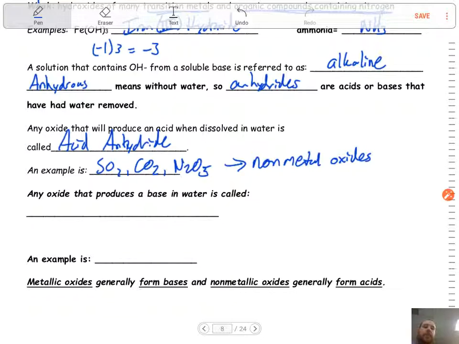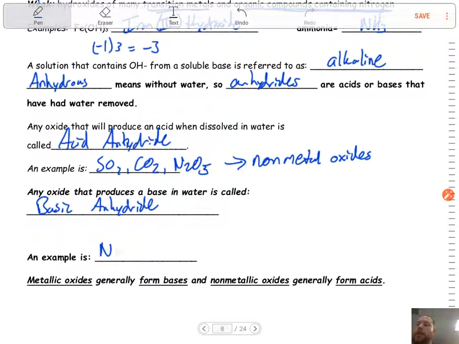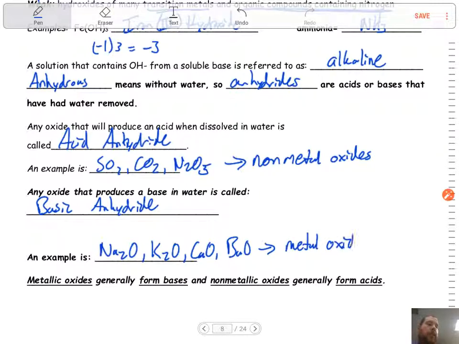Any oxide that produces a base in water would be then called a basic anhydride. So examples of that would be something like Na2O, K2O, CaO, BaO. So notice how these are metals reacted with oxygen, so metal oxides. Just like a little rule of thumb, metal oxides generally form bases, non-metallic oxides form acids.